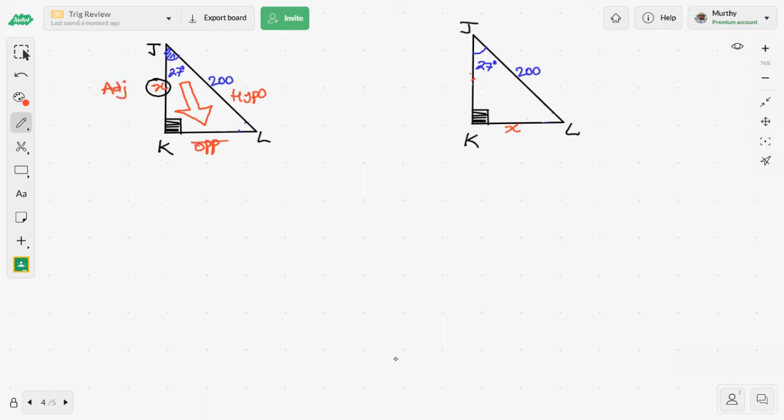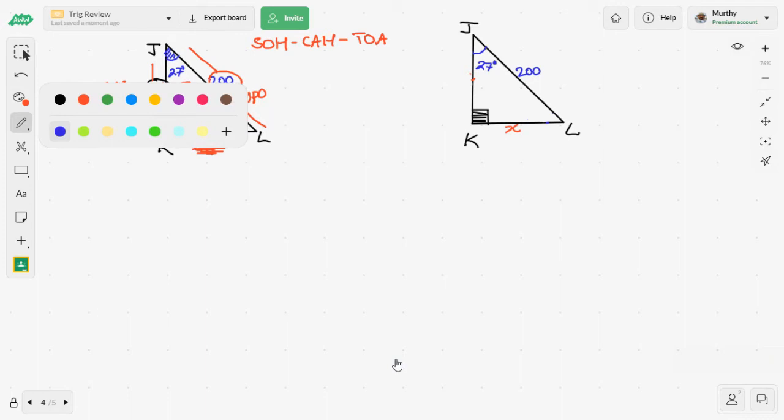Let me cancel out this one because you are asked to find the adjacent side and you are given the hypotenuse value, right? So there's nothing to do with the opposite, so I struck it. Now I see that adjacent and hypotenuse, always write SOH, CAH, TOA.